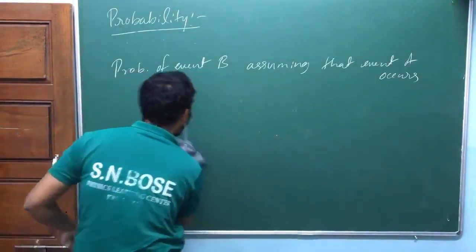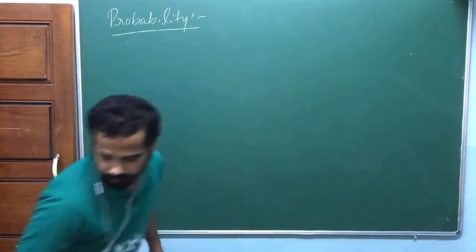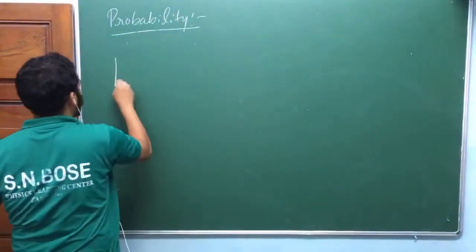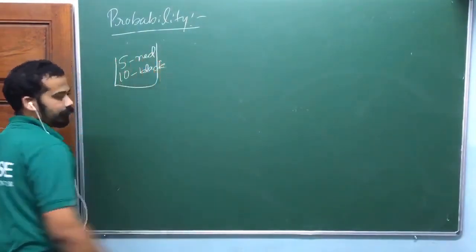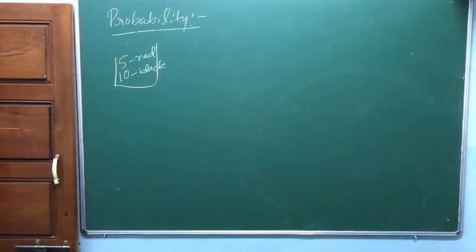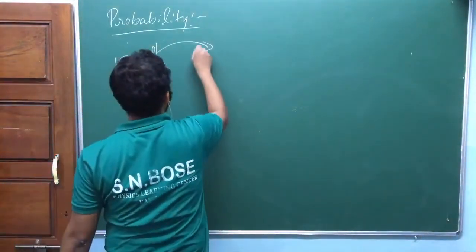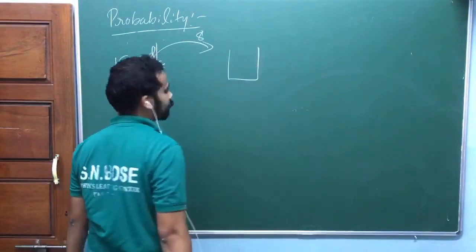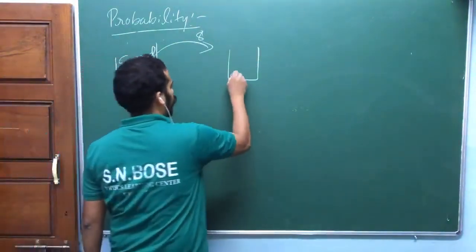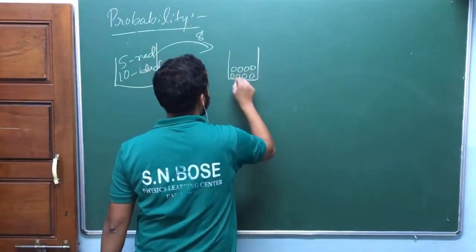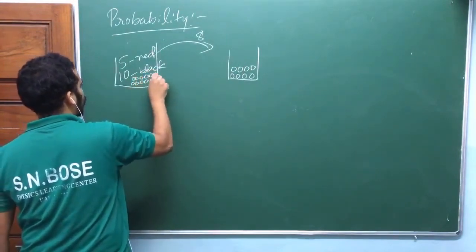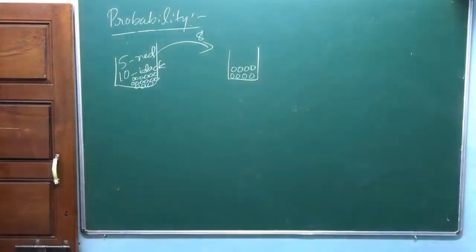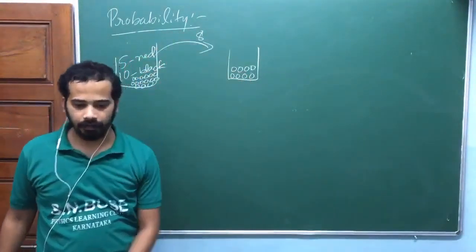Okay? A box contains 5 red balls and 10 black balls, okay? 8 of them are placed in another box. 1, 2, 3, 4, 5, 6, 7, 8. 15 balls were there. 8 of them were placed in the other box, randomly.